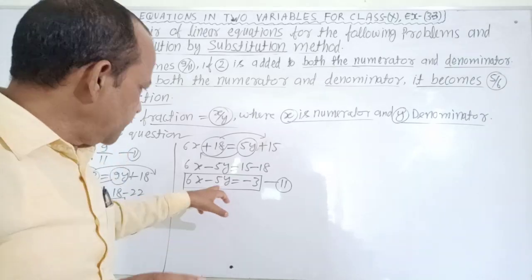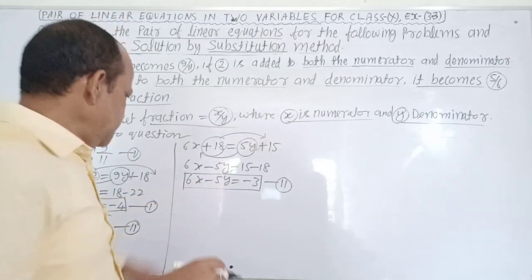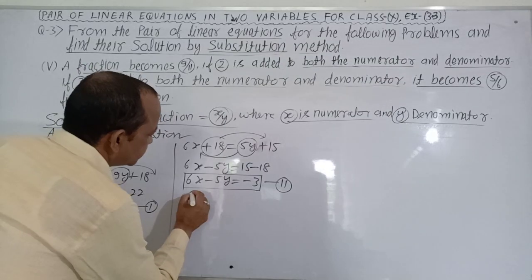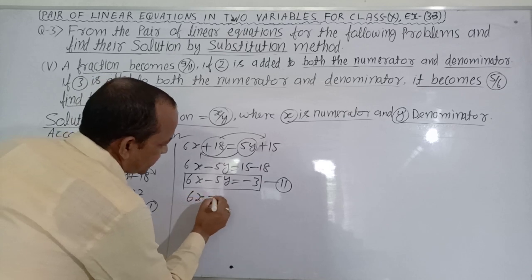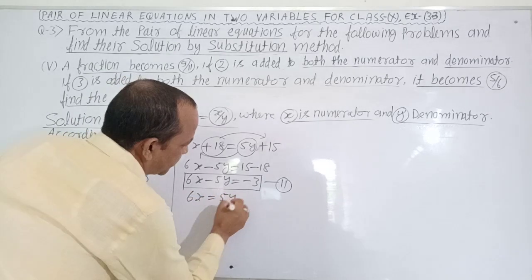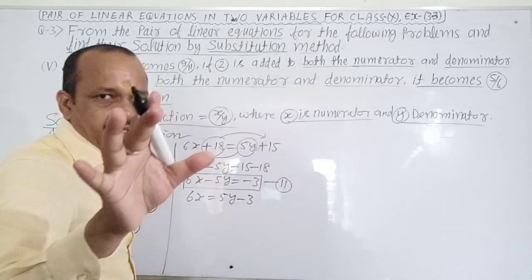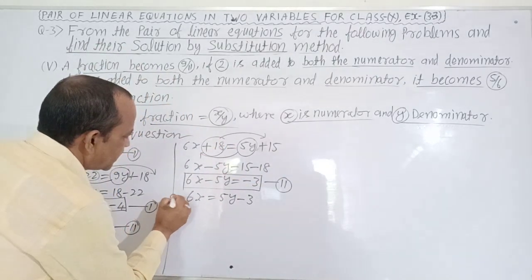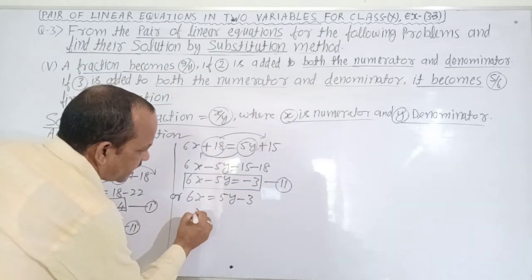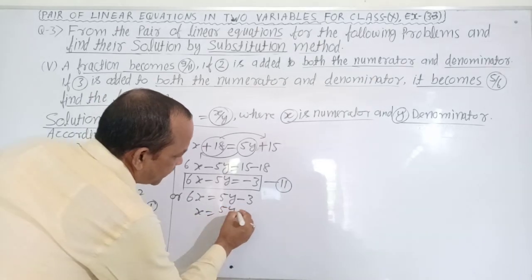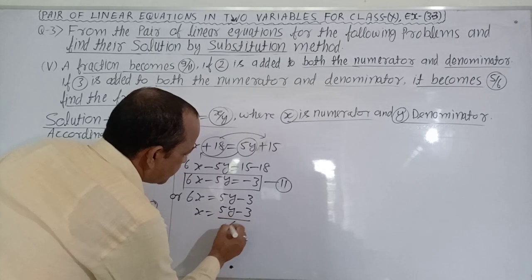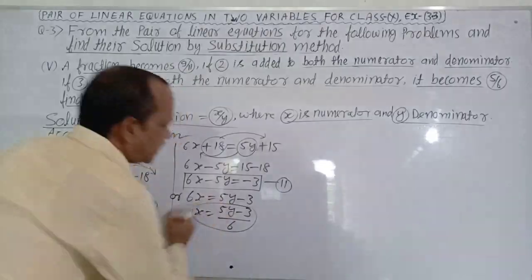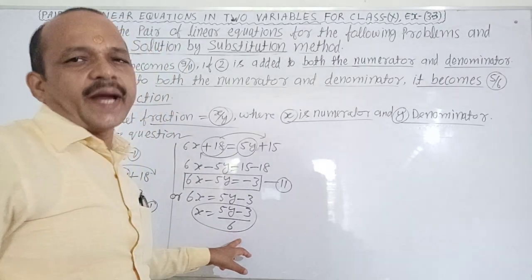Clear? You can write it as 6x equal to 5y minus 3, x equal to (5y minus 3) by 6. It is the value of x.